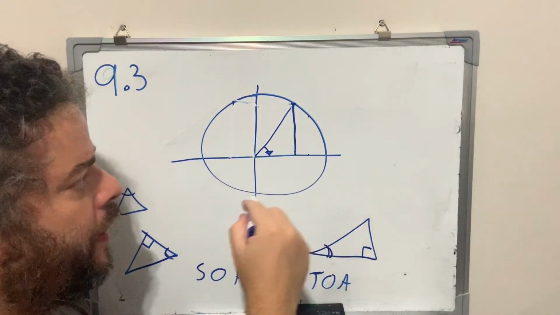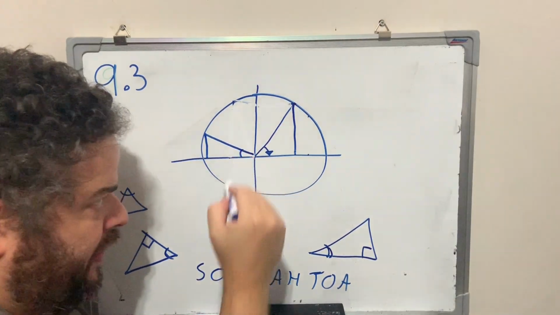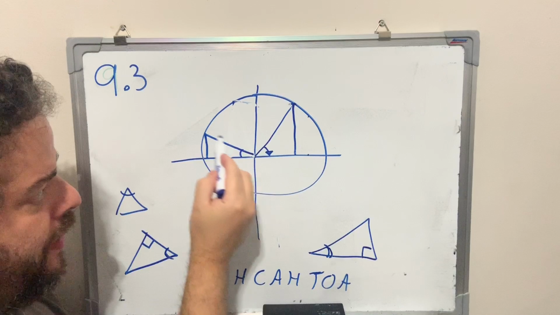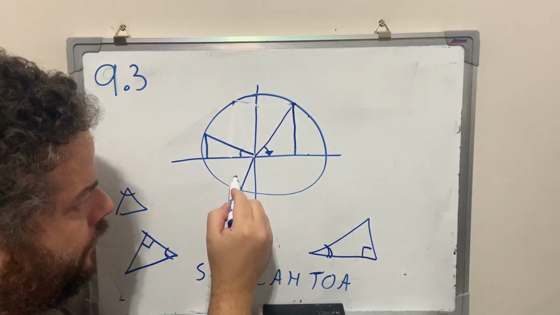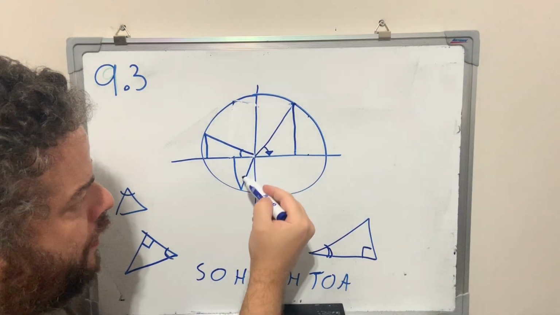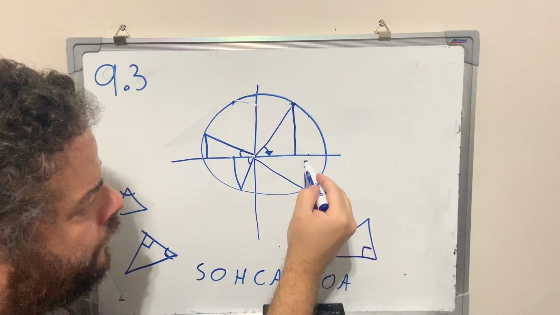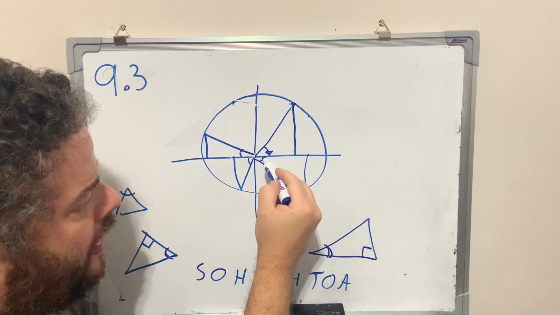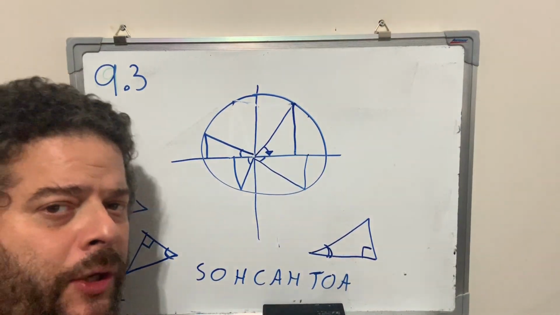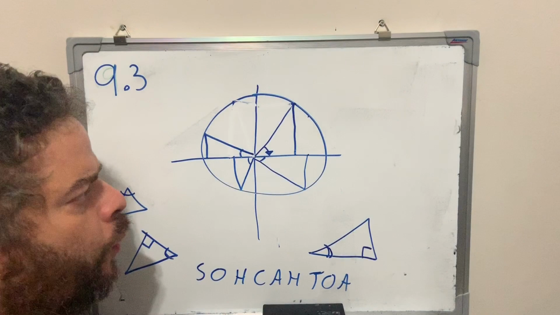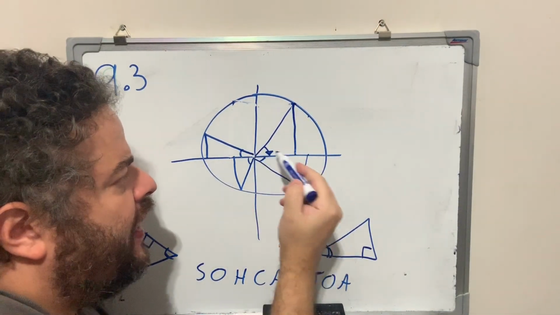Doesn't matter where it points. Say, for example, if I have this triangle, this would be the angle: the terminal side and the x-axis. If it is upside down, this would be the terminal side and the x-axis. So regardless of what quadrant the angle ends up in, we always use the angle between the terminal side and the x-axis.